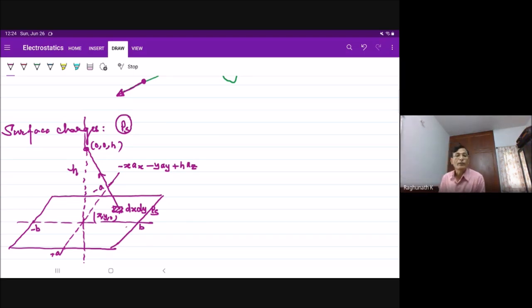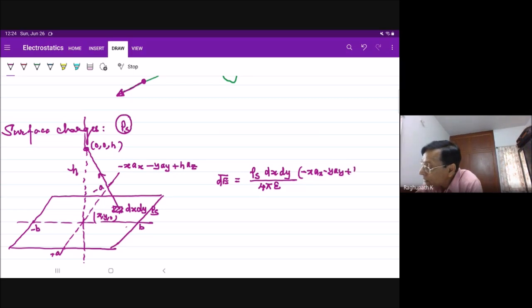Because of which the electric field intensity dE bar at that point, because of this general element, is rho s dx dy by 4 pi epsilon, R bar, which is minus x ax minus y ay plus h az, by x square plus y square plus h square whole power 3 by 2.